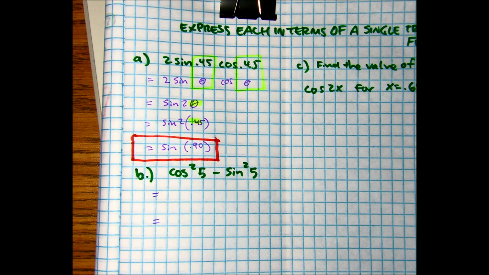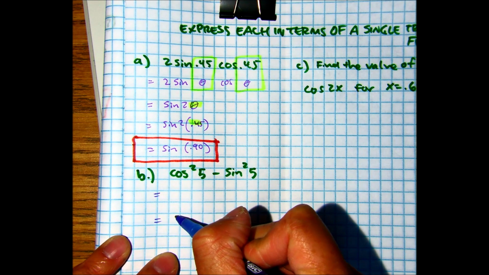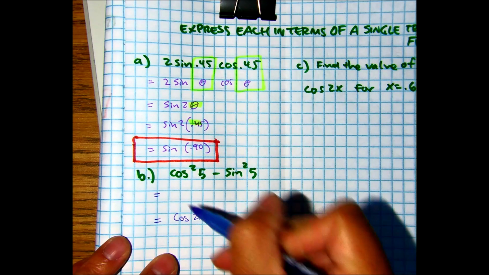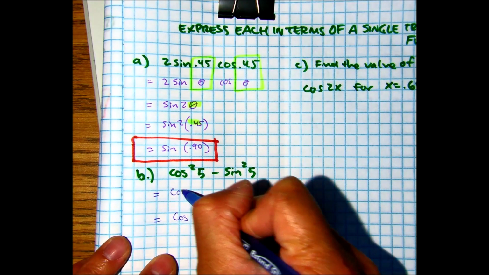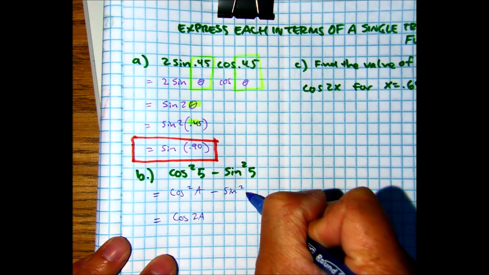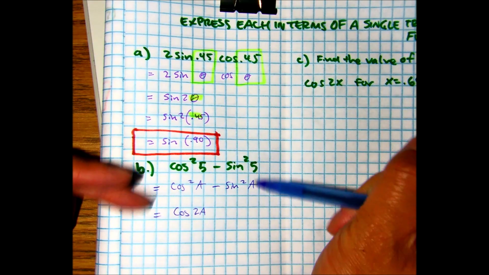Which double angle identity? So cosine of twice the angle is cosine squared A minus sine squared A. I want another formula right next to it.